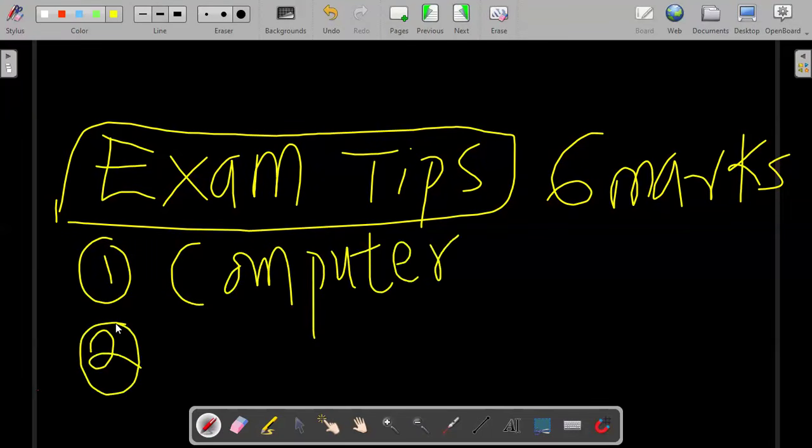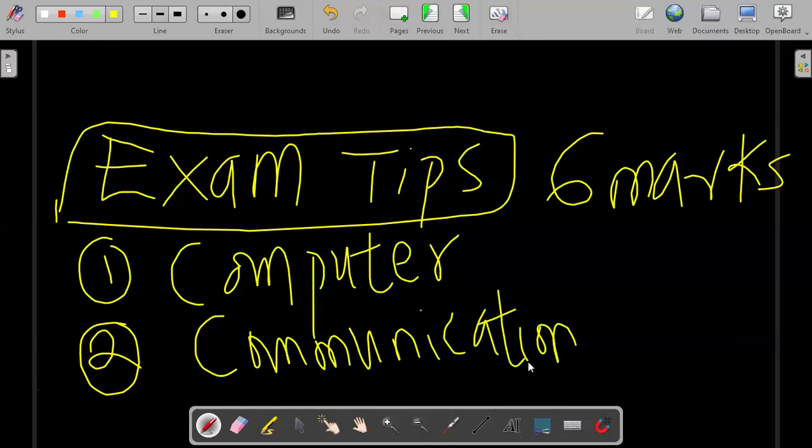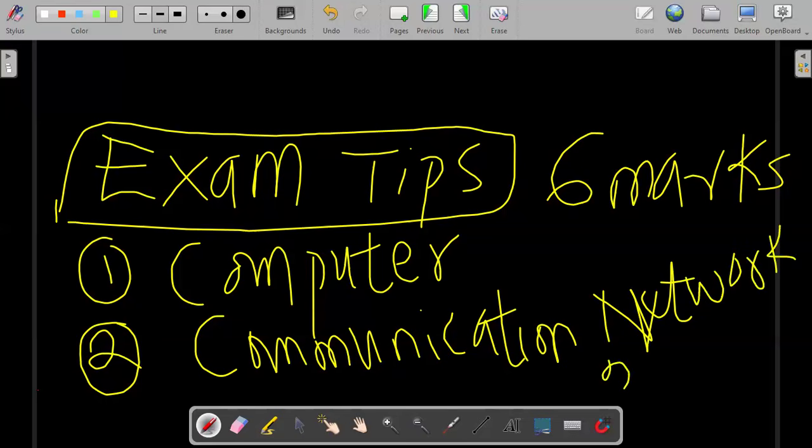Second one is communication network. Then the third is know-how. It's communication network, not computer networking. This is 3, right? You've seen it at least.